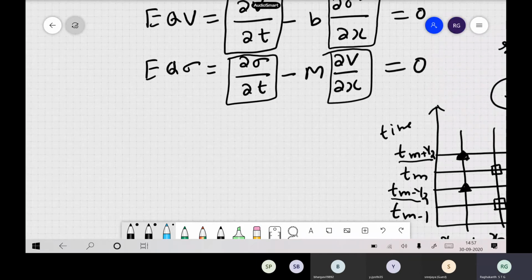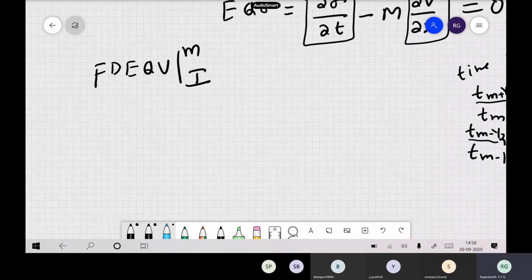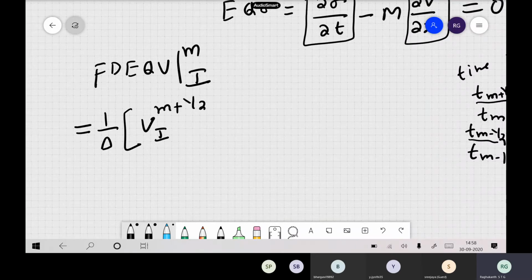So the first equation, the finite difference equation for V, that is m and i. So we write it as 1 by delta t, V i at m plus half minus V i at m minus half.